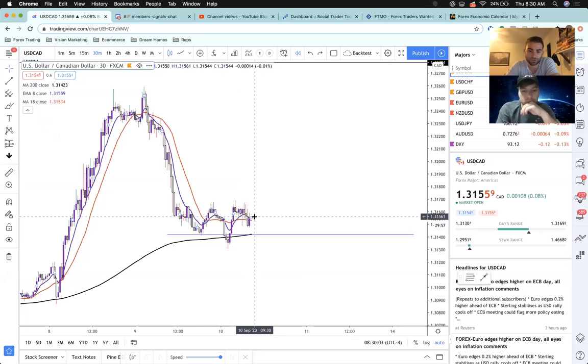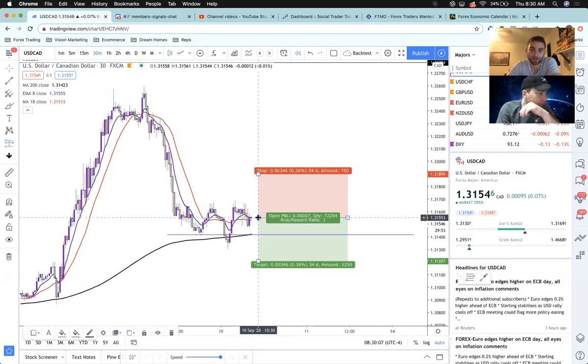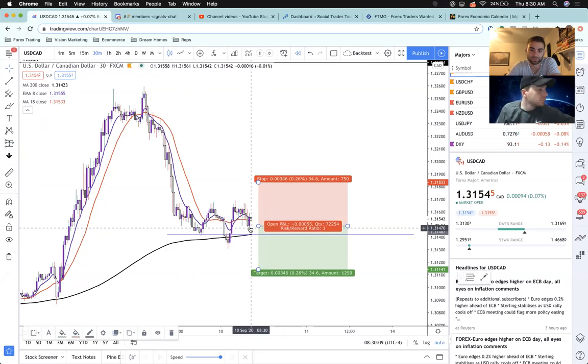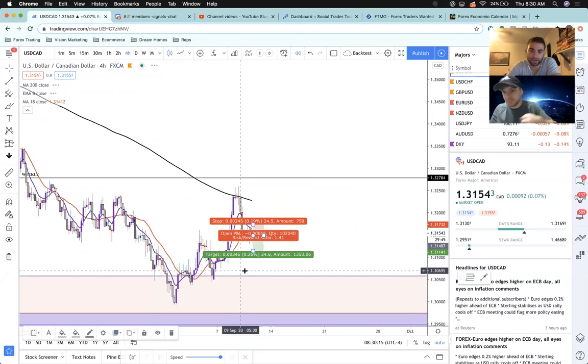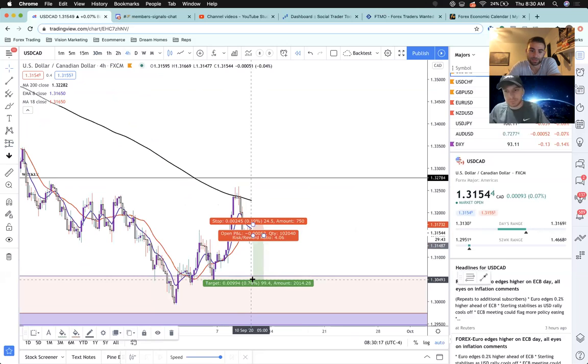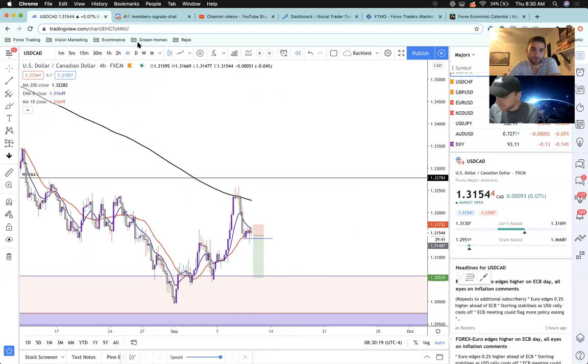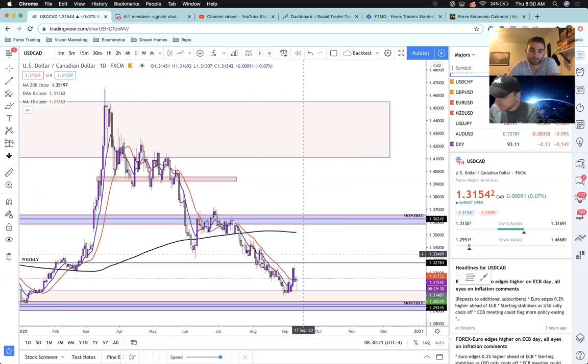If these start to cross, you could consider taking a short opportunity right in this zone. If this moves below this level, you can put stops above here. Where would you target? Back up to the 4-hour, I would target down here, this zone, even all the way up to the daily, guys.